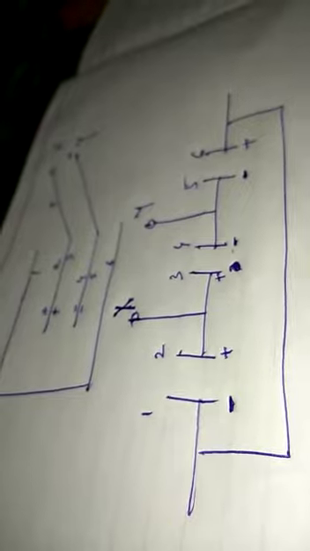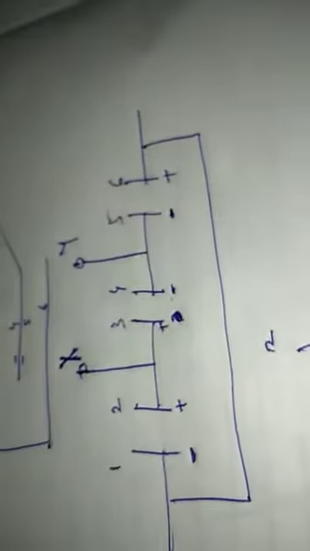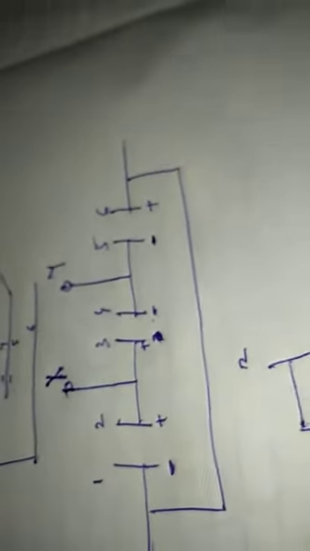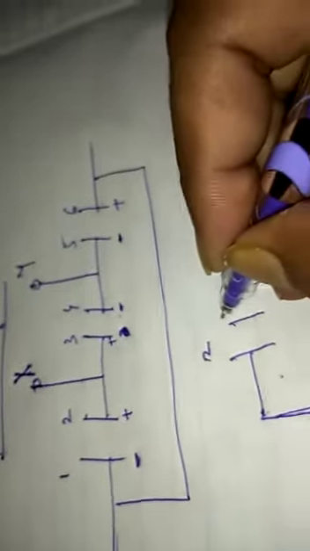Now from x, we can see 2 plates, 2 and 3. Opposite to 2 there is 1, and opposite to 3 there is 4.